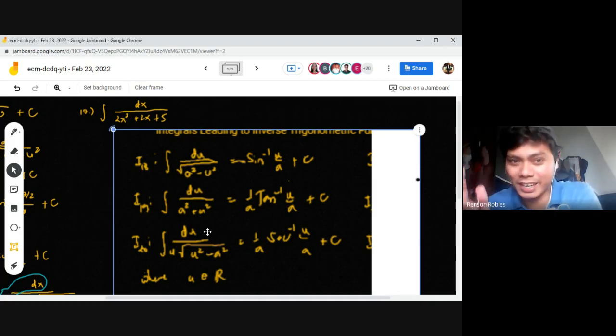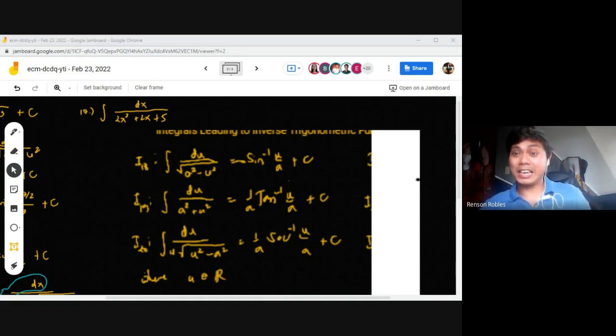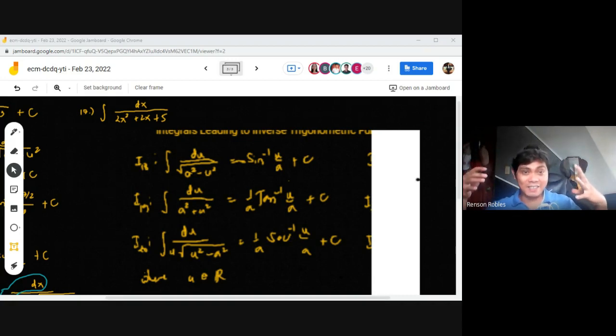So, probably, I-19. Tama? You're getting my point? You take a look physically how it is written, the structure of the given and the structure of the formula. It could not be I-18 because sa formula ng I-18, there is a square root on the denominator.